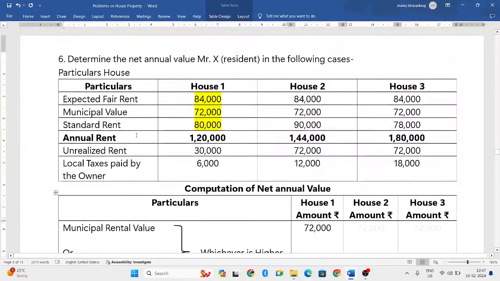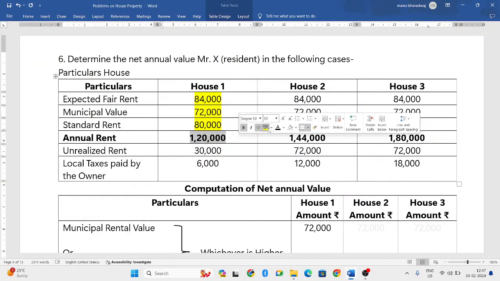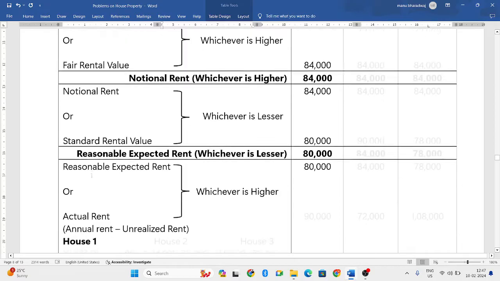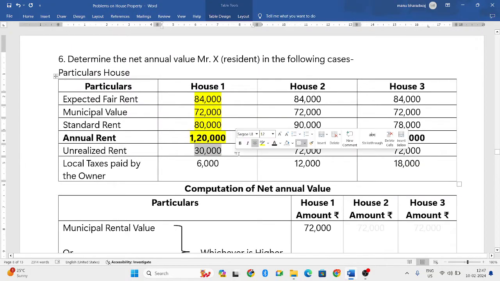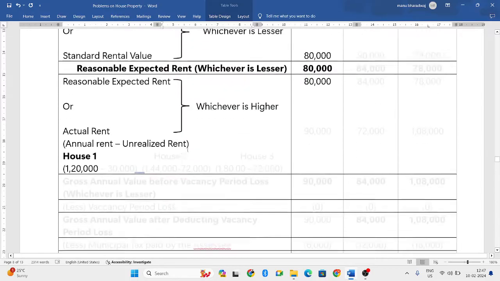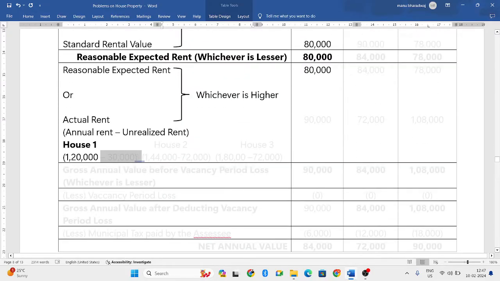So in house 1 they have given that annual rent is 1,20,000. So annual rent is 1,20,000 minus unrealized rent. In question they have given very clearly unrealized rent is 30,000. So 1,20,000 minus 30,000 if you do, you will get the actual rent of house 1.